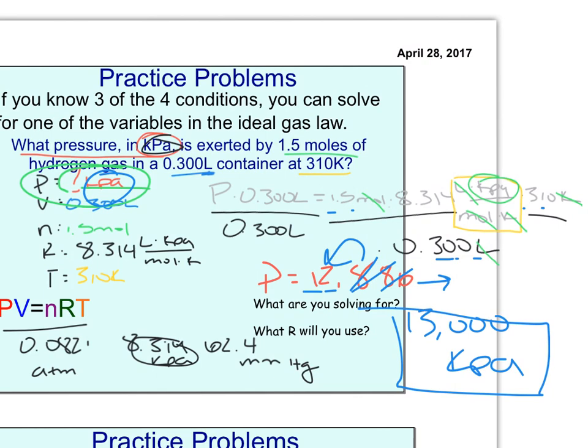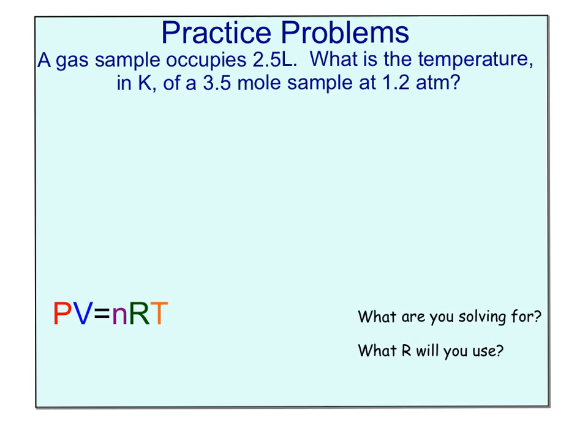Okay, let's try another one together. A gas sample occupies 2.5 liters. What is the temperature in K of a 3.5 mole sample at 1.2 atmospheres? So, write your variables on the side.